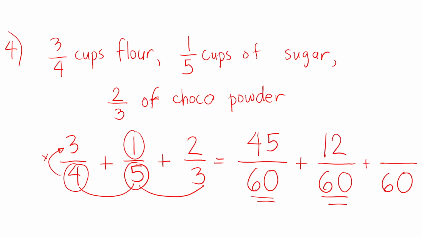There you go. 60 divided by 3. 20. I-multiply na ko sa baba which will give me 40. Now, let's add all the numbers. 45, 12, and 40. How much do we get? Pila?